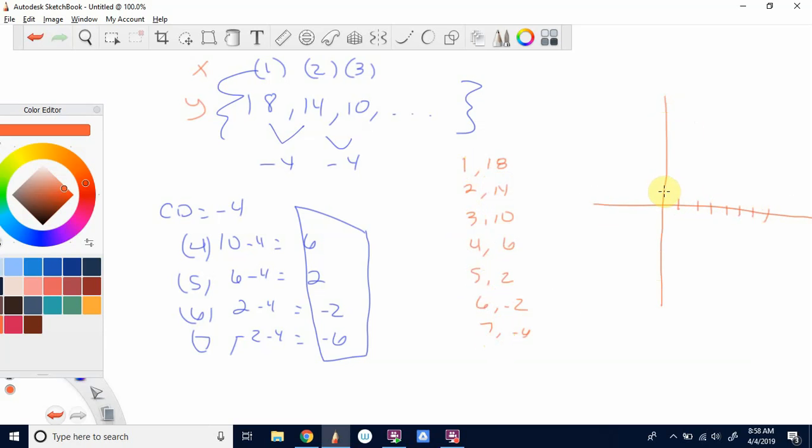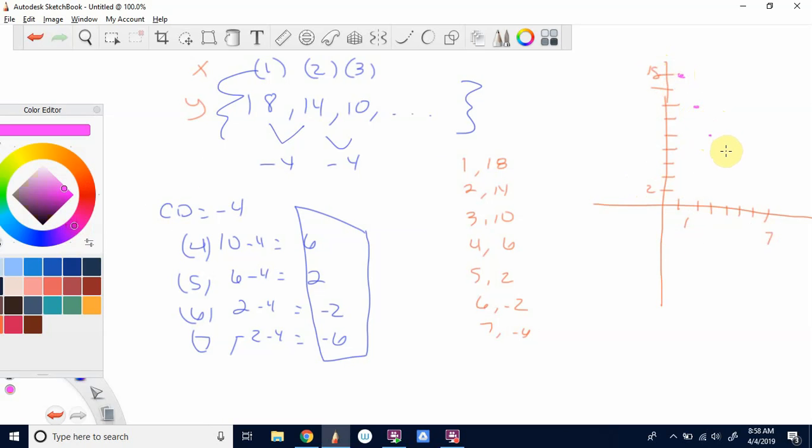I'm going to count the x-axis by 1 and the y-axis by 2: 2, 4, 6, 8, 10, 12, 14, 16, 18. So the point 1, 18 is going to be here, 2, 14 is here, and then 3, 10.